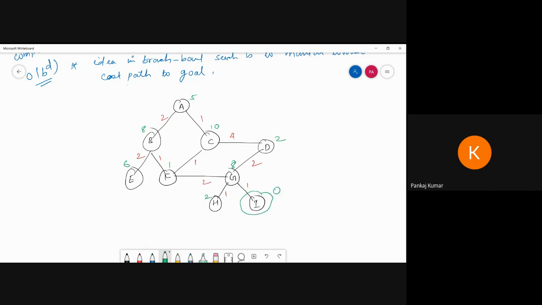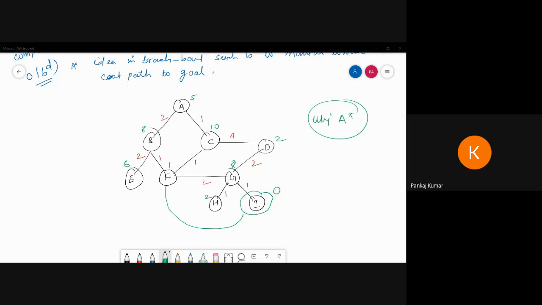So can you find the minimum solution, the optimal solution, using A star? Apply the following graph on A star and find the minimum solution.